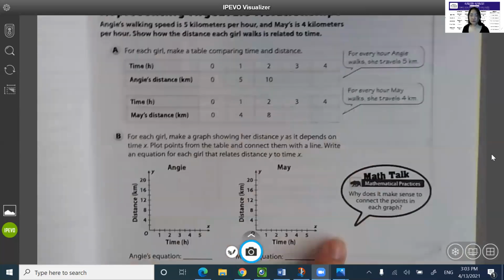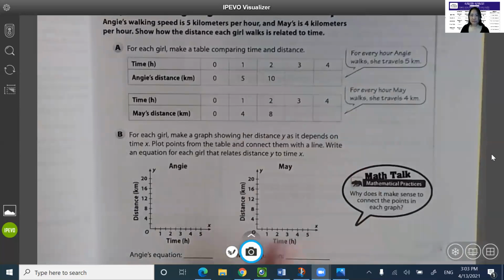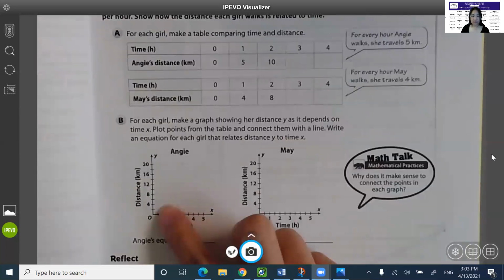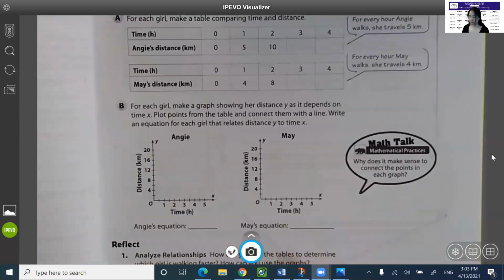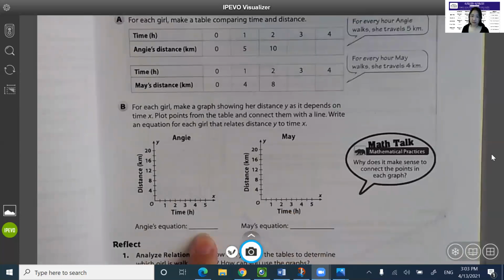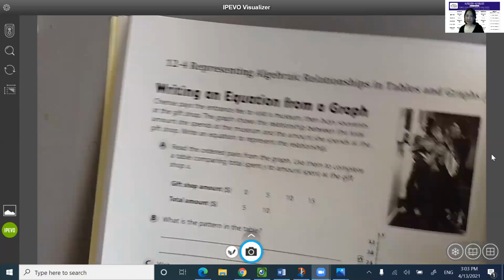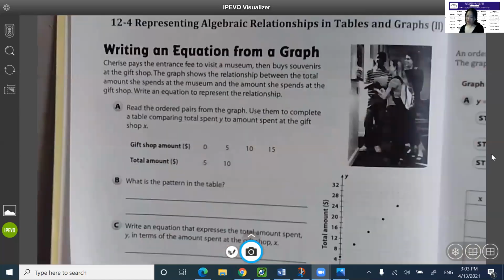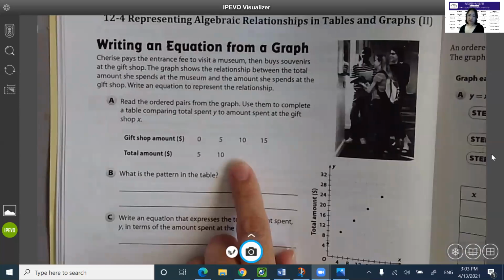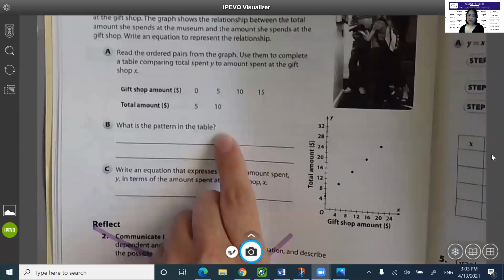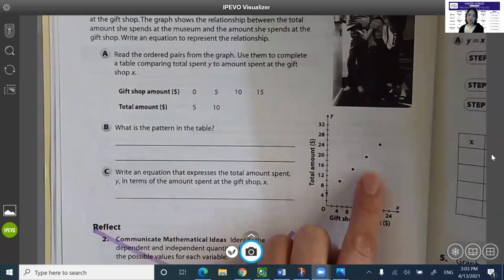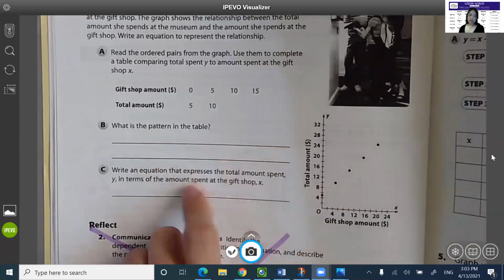And then using those numbers, we're going to talk about how to plot points and also write an equation, okay? We're going to practice another set of problems like that here. Complete the table, figure out the pattern. They graphed it, but we're going to talk about the graphing and then writing the equation.